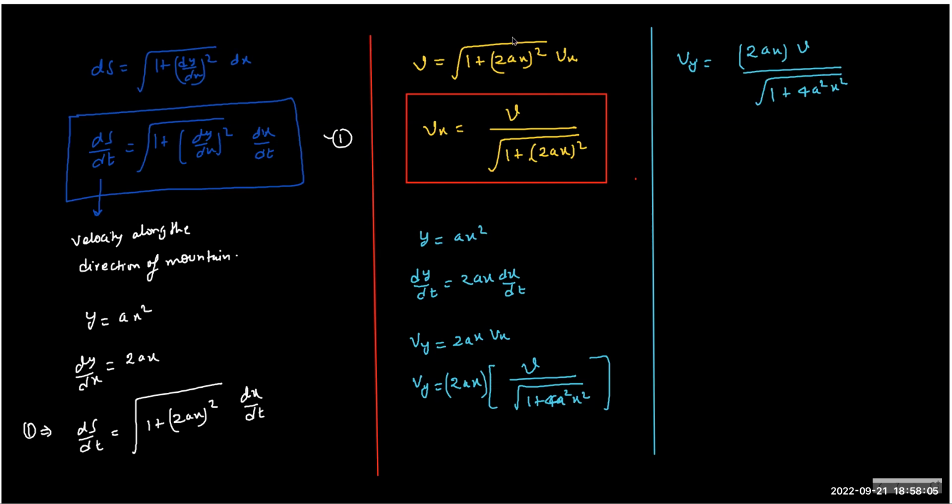So you can see that if the motorcycle's speed is constant, depending on the x coordinate, we can find the velocity components. So did you understand? I mean, realize how to attempt and how to think about a question like this.